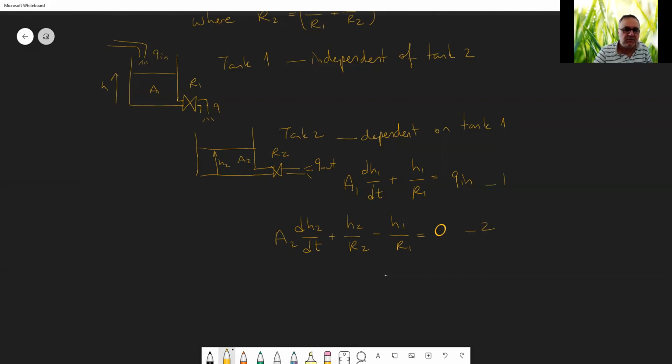The H1 equation is independent of H2, but the H2 equation is dependent on H1. This arrangement is called the gravity tanks. The second tank is influenced by the action of gravity. It is not directly connected to tank 1.